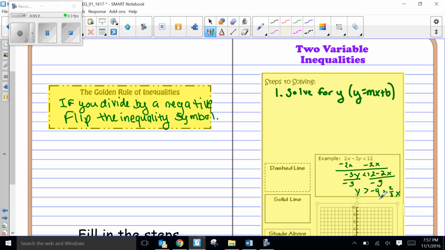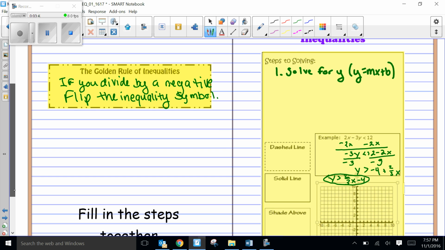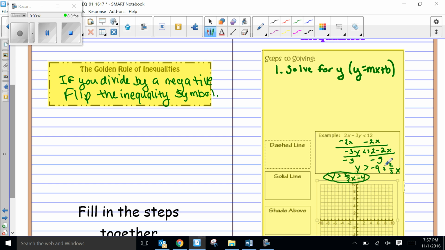I can rewrite this. It doesn't have to be y is greater than negative 4 plus 2/3 x. I can do y is greater than 2/3 x minus 4. Okay, y is greater than 2/3 x minus 4. So we have solved for y, we've determined what our boundary line is.